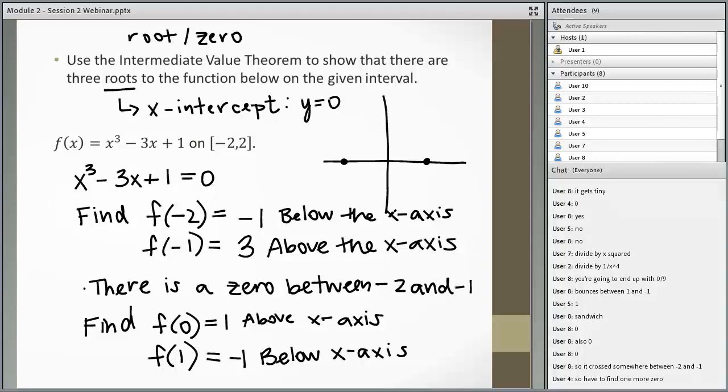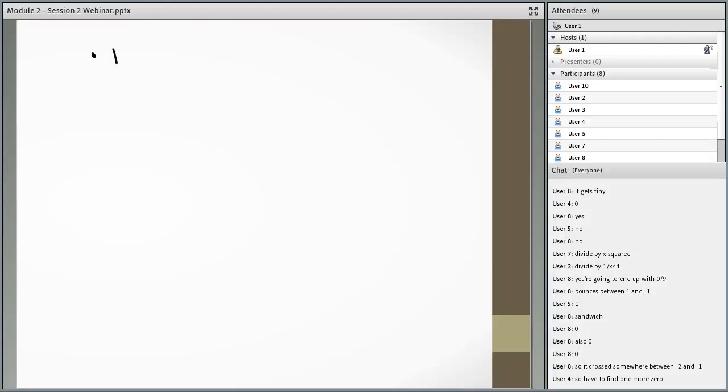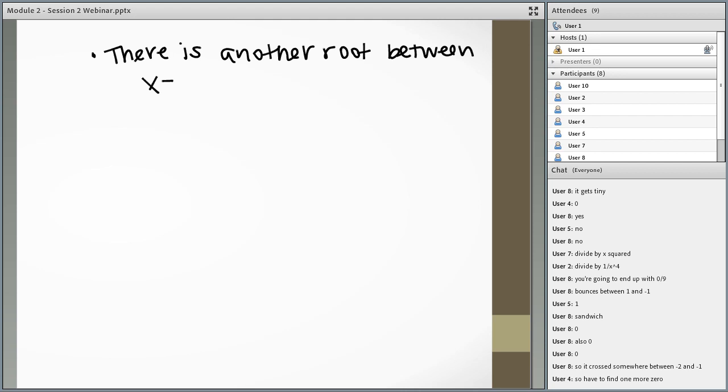Good, so we have to find one more. So let me just write, there is another root between x equals 0 and x equals 1. I'll call it root because the question called it a root. They're the same thing. So far we found that f of negative 2 is negative 1.